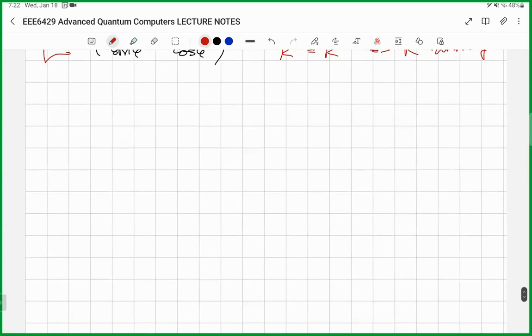So now let's introduce a very important thing. Let's introduce the so-called bra-ket notation.